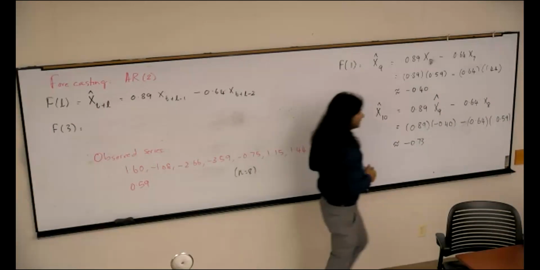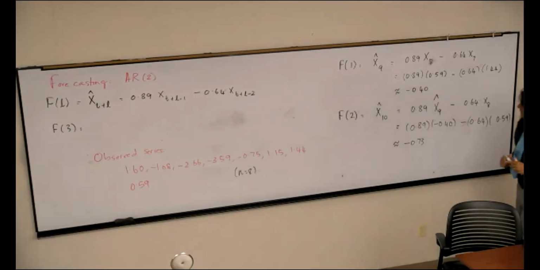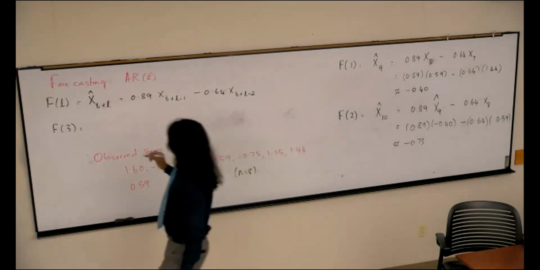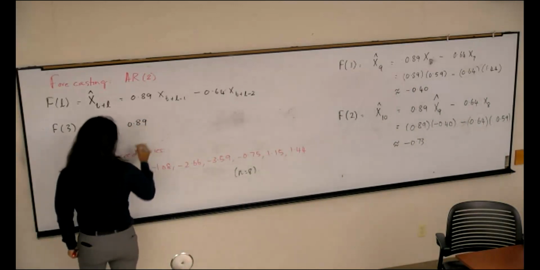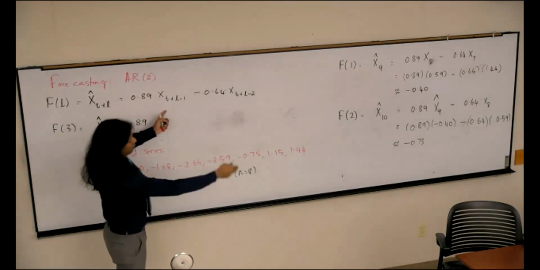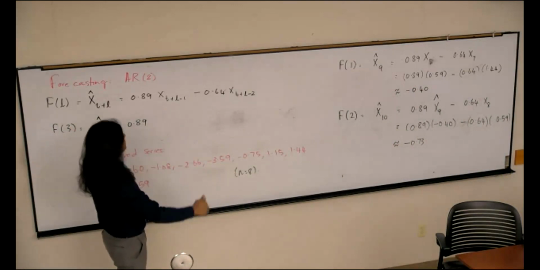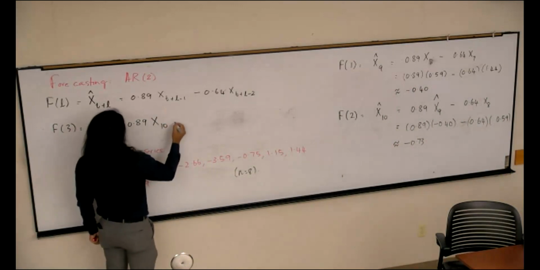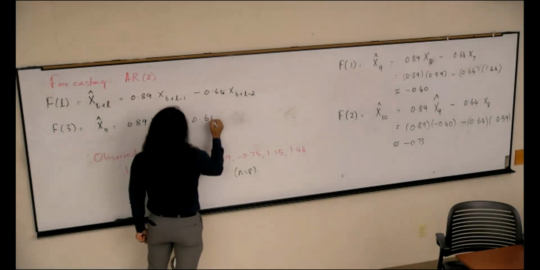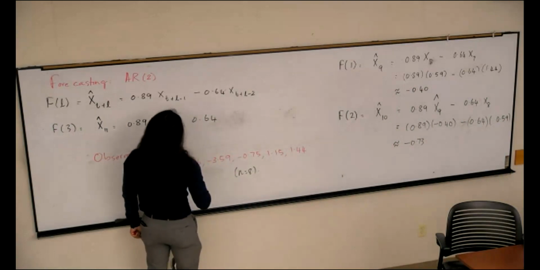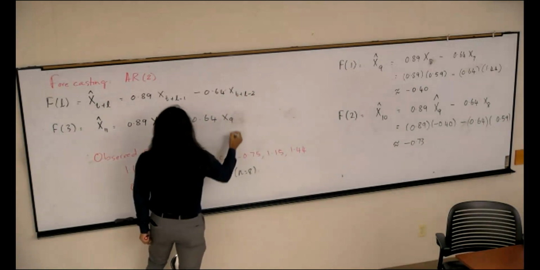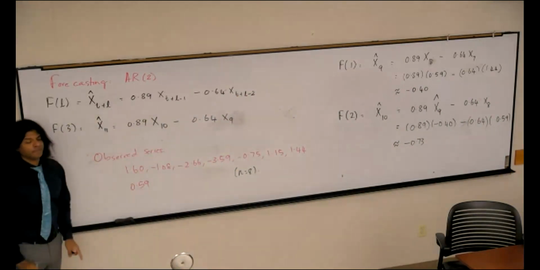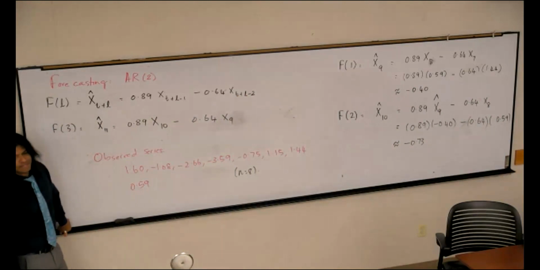Time step 11. 0.89, t is 8, 3 steps ahead, so 11 minus 1, so 10, minus 0.64, 8 plus 3 minus 2, so 2 steps backwards, 9. Is it okay to call it x10 and x9?